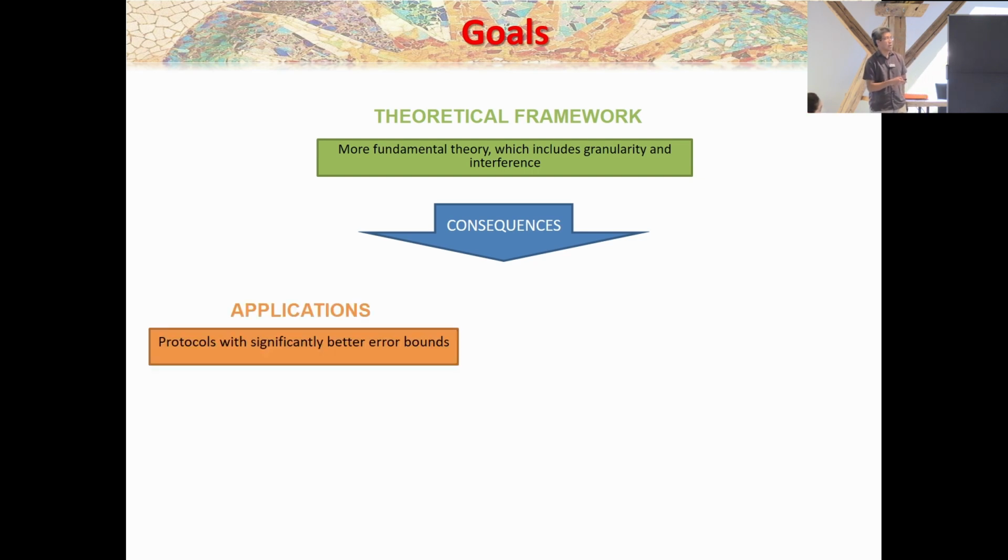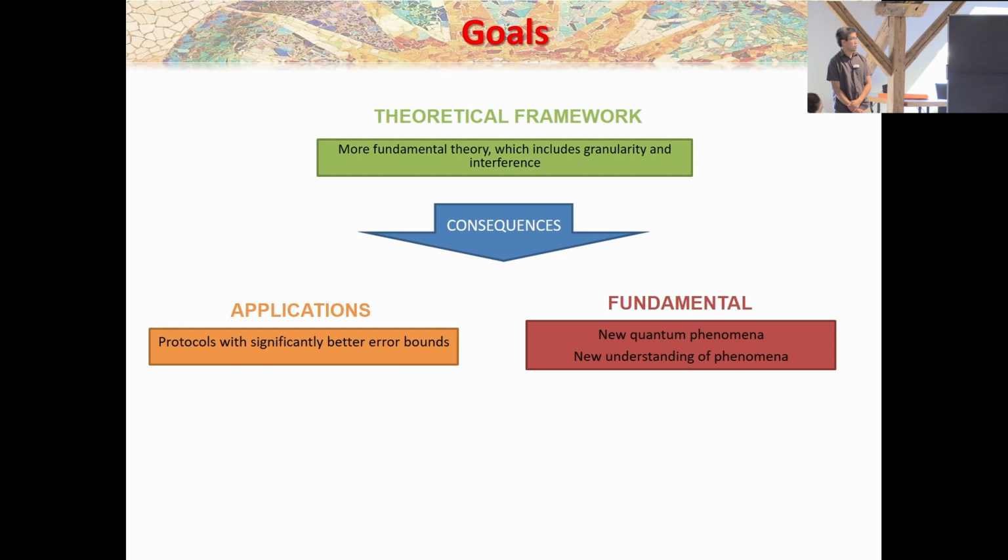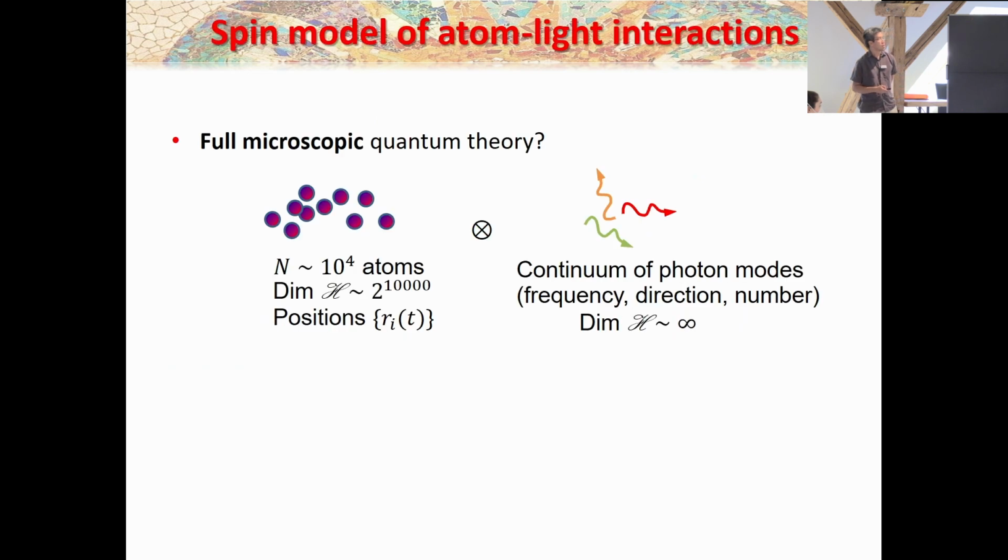Can you carry out applications with better error bounds compared to what the textbooks say? And aside from applications, if you have a theory that you might consider more fundamental, does it give rise to new quantum phenomena that you could not predict from previous theories, or maybe just a better understanding of phenomena that were previously elusive?